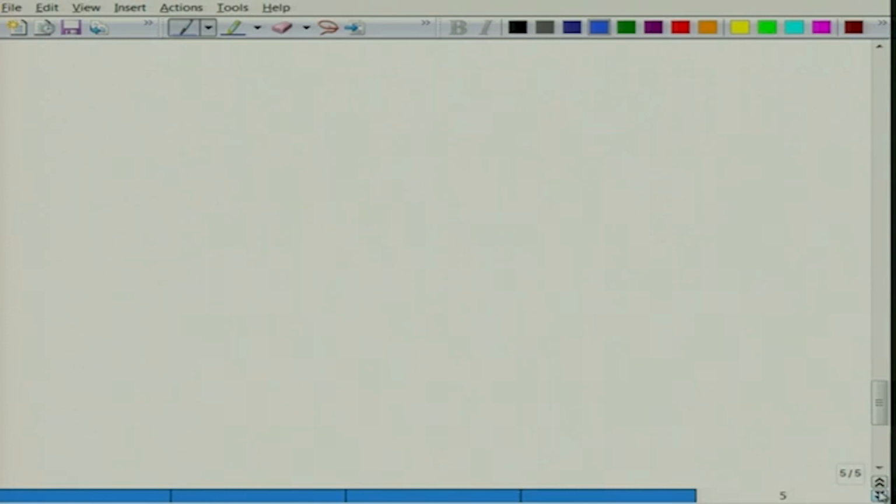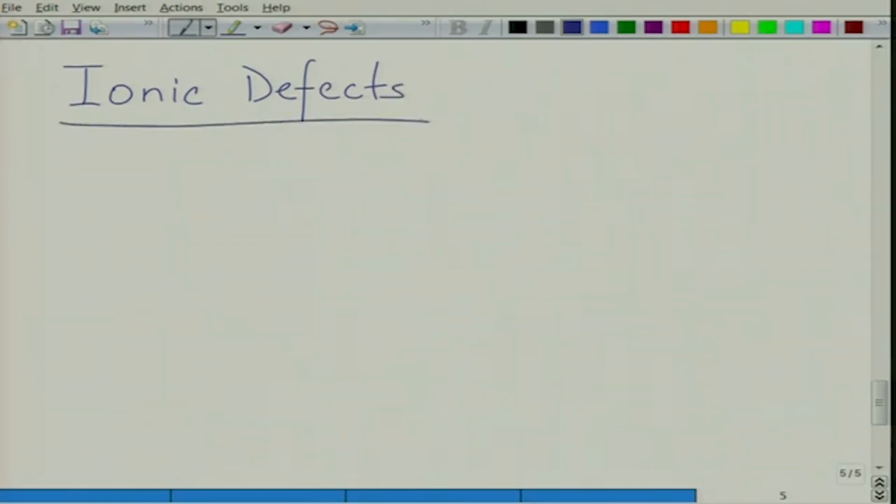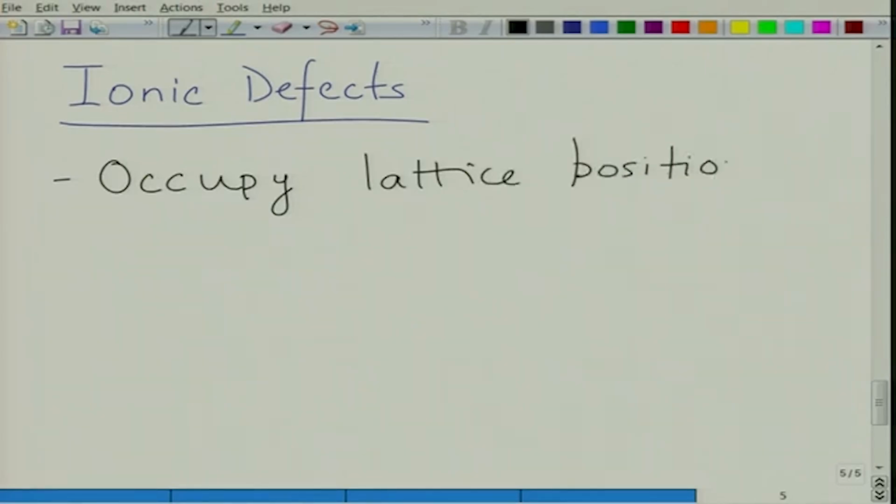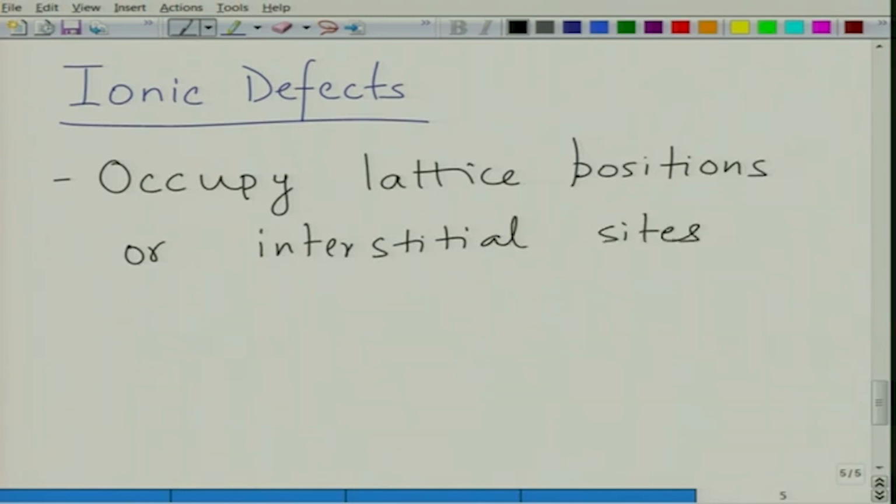So some of these defects are subcategorized into ionic defects. Ionic defects are basically the defects which occupy lattice positions or interstitial sites.